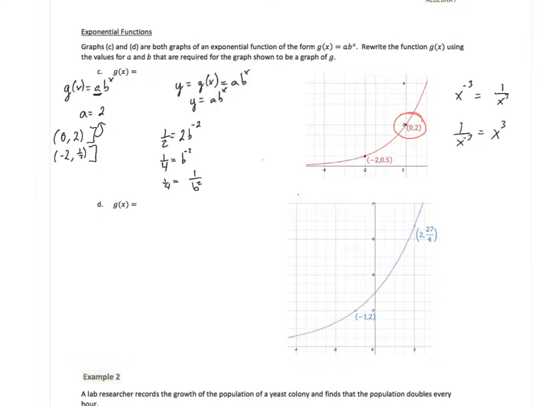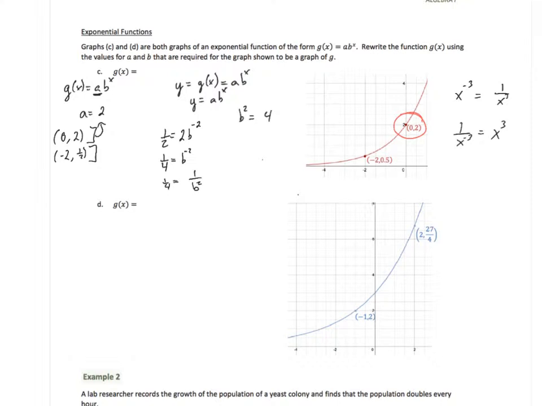Now, we have two fractions here, and I want b squared on the top, so I'm just going to cross multiply to get rid of my fractions. So b squared equals 4. Remember, we got that by multiplying the 1 by the 4 and the 1 by the b squared.